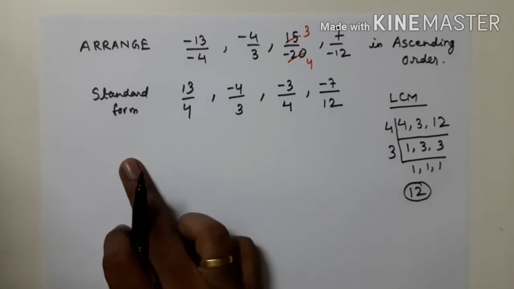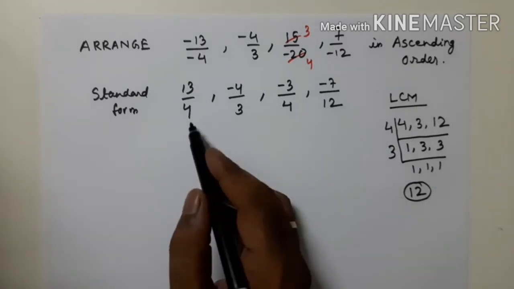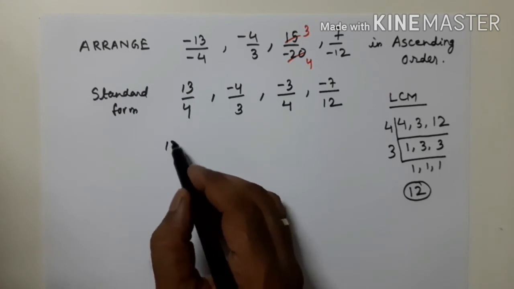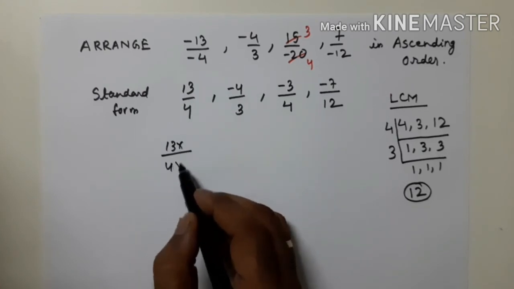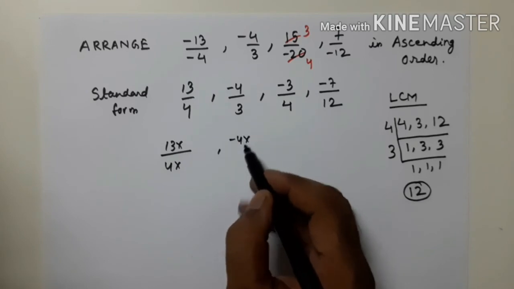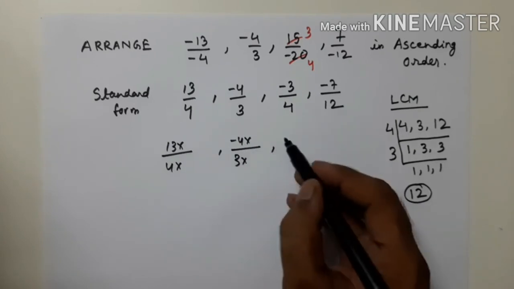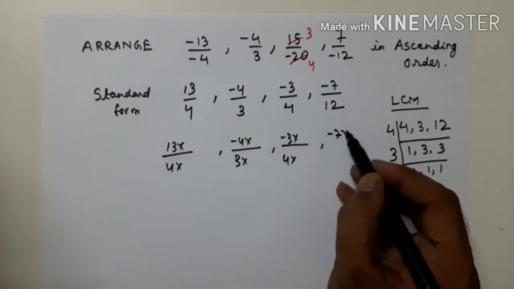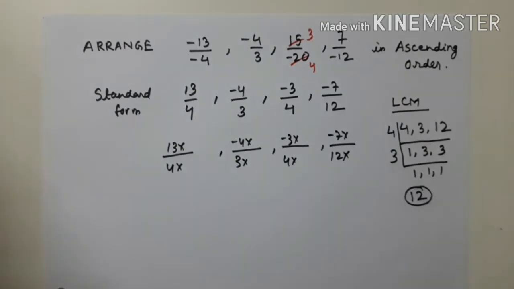So we will use the equivalent rationals. So first we have to convert this one into 12. So how will 4 become 12? So let's write it first all in this form as we are doing for equivalent rationals. So after that we will see how much we will multiply.